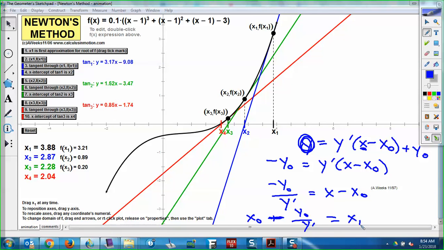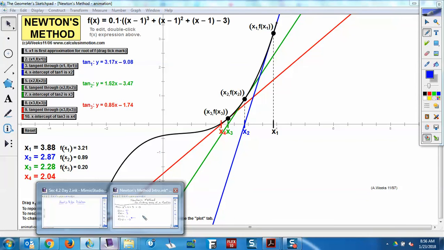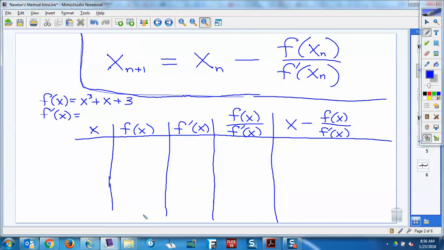That would basically be our next guess. Okay? Now y prime, we could call this y prime of x sub 0. And actually I think I'll call it f prime. But every single time, that would be our next guess. So our first guess minus our first y divided by our first slope, right? Or your y prime. And then that would give you your next guess. And then you could just repeat that. Okay? So that essentially gives you this formula right here.